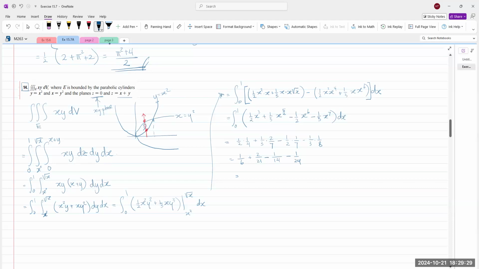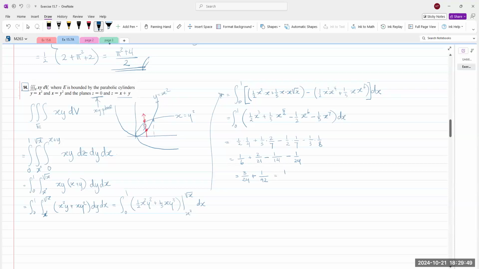So 1/6 minus 1/24, 4 times 3/24, multiply by 2, that's 4 multiplied by 3, that's 1/42.